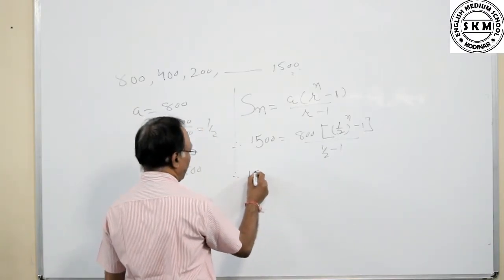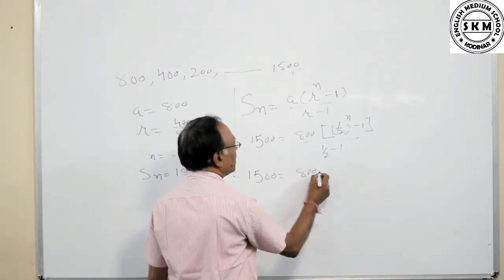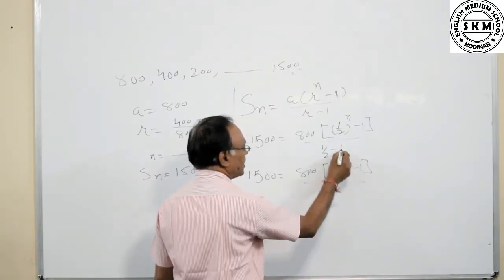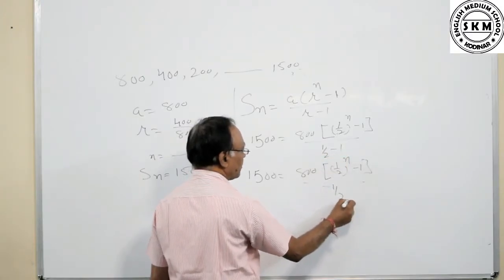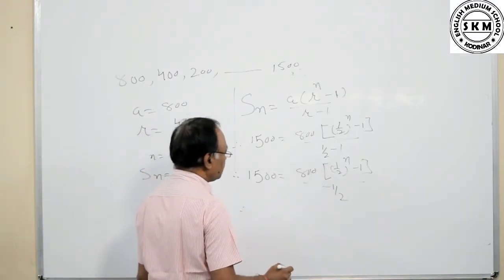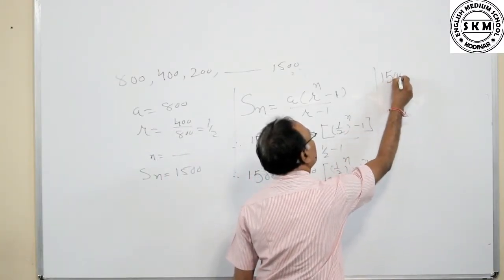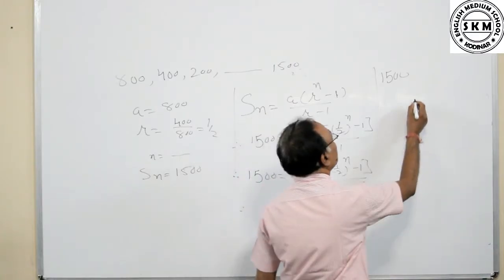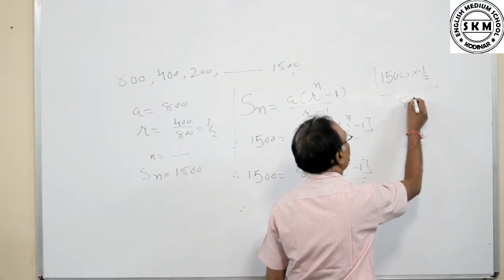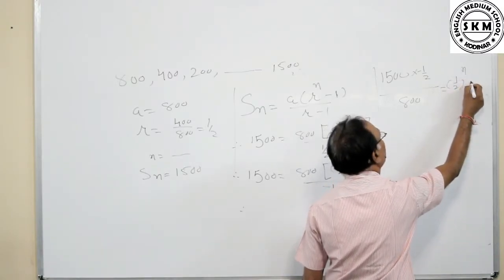Therefore, 1500 is equal to 800 into 1 upon 2 raised to n minus 1, and half minus 1 is minus 1 by 2. Now, therefore, 1500, taking 800 to the other side: 1500 multiplied by minus 1 upon 2 divided by 800 is equal to 1 by 2 raised to n minus 1.